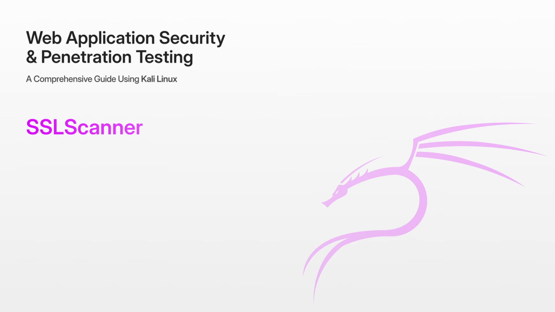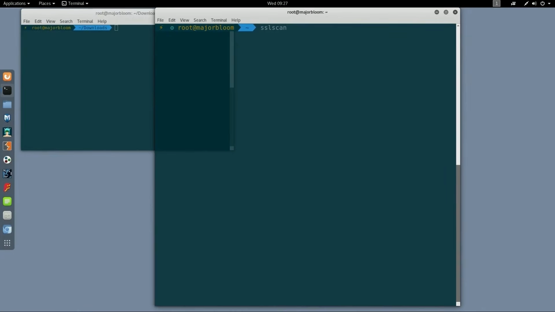So encryption is a really important component to a lot of web applications. And you want to make sure that whoever you are working with is using strong encryption. So we've got a program that I'm going to take a look at here, which is SSL scan.